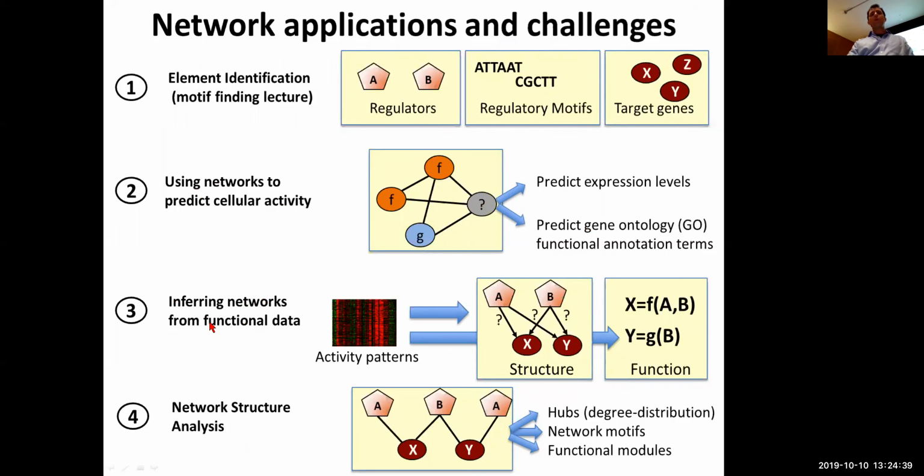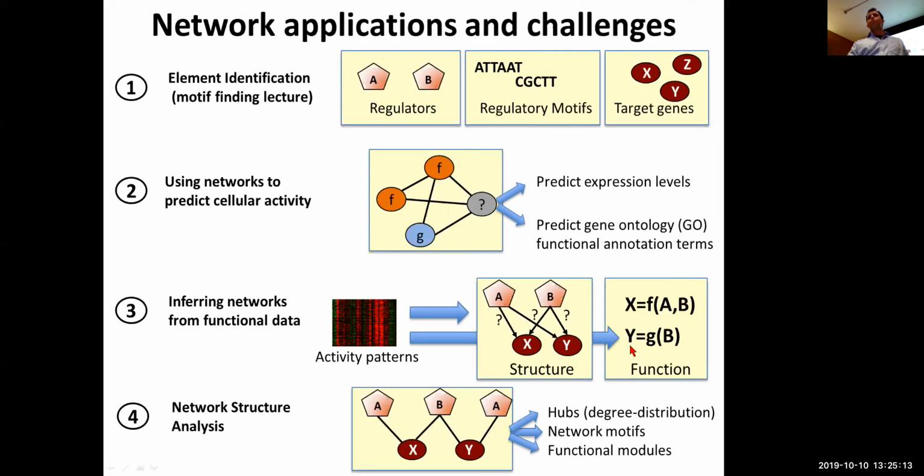The third one is inferring these networks in the first place. So you have your gene expression matrix that we talked about in lecture 6, that tells you how every gene is expressed in a bunch of different conditions. You'd like to be able to use these activity patterns of your genes to infer either the structure of your network, namely which regulators are binding what genes, for example, or what genes are co-expressed and so on and so forth.